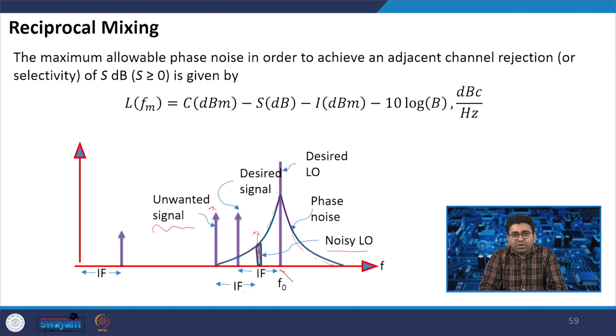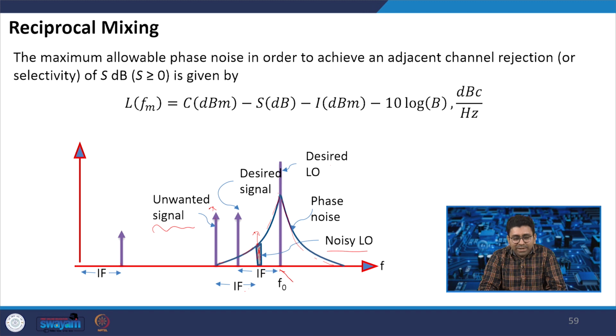In order to avoid this reciprocal mixing, we need a sufficient improvement in the phase noise, so that the unwanted signal amplitude will not down convert due to this phase noise.